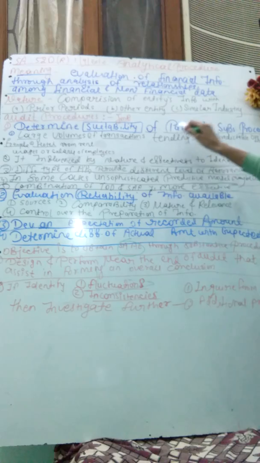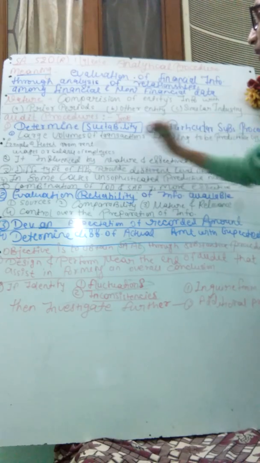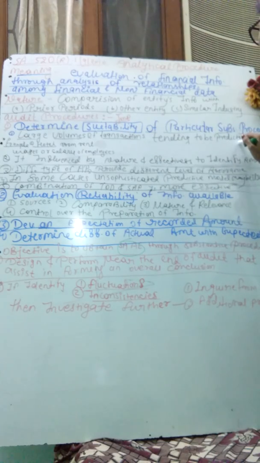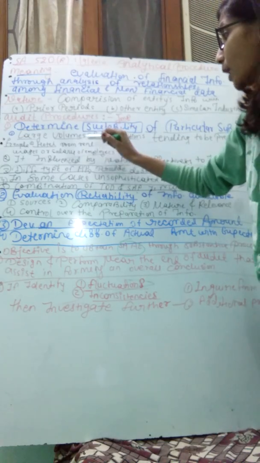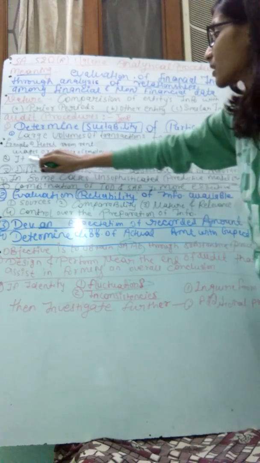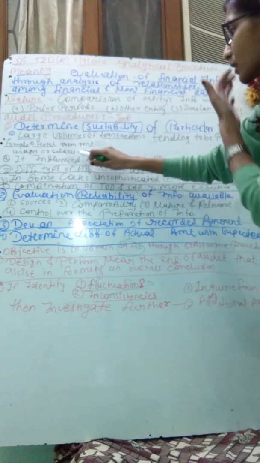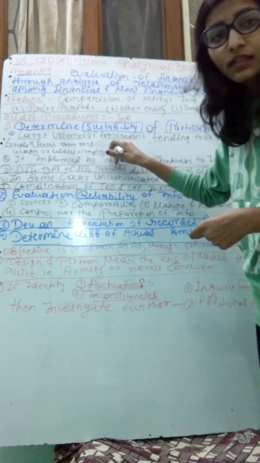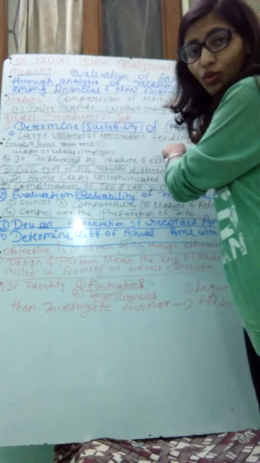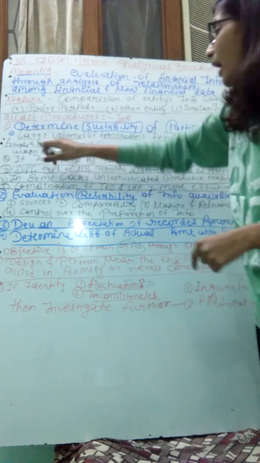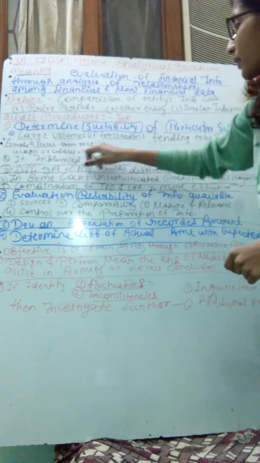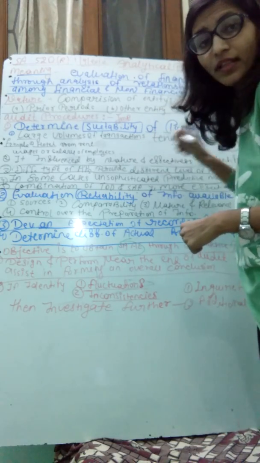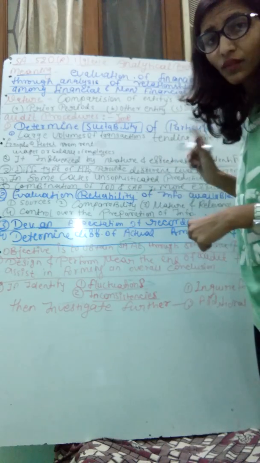Determine suitability of the particular substantive procedure: when a large volume of transactions tends to be predictable over time, then it is very helpful. For example, hotel room rents and wages or salary of the employees. I already told you, hotel room rent is tariff amount, occupancy ratio multiplied by number of rooms, and wages and salary is number of employees multiplied by wages per month multiplied by number of months worked.